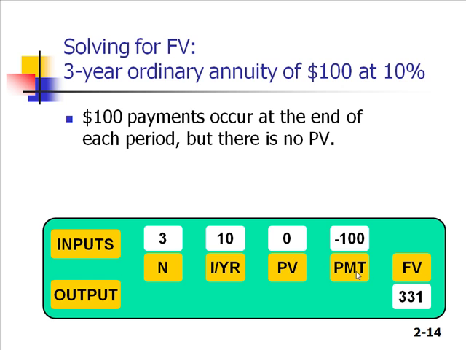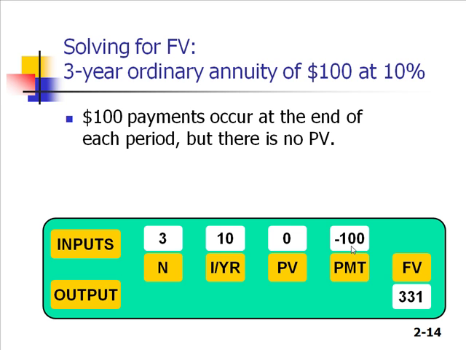So then we have payment, which we haven't used this function yet, but it's not difficult. Payment refers to something that recurs every period. Okay, so it's a cash flow that occurs every single time period on the timeline. So either at the end of every period, which is the case here, or sometimes at the beginning of every period, which we haven't talked about yet.